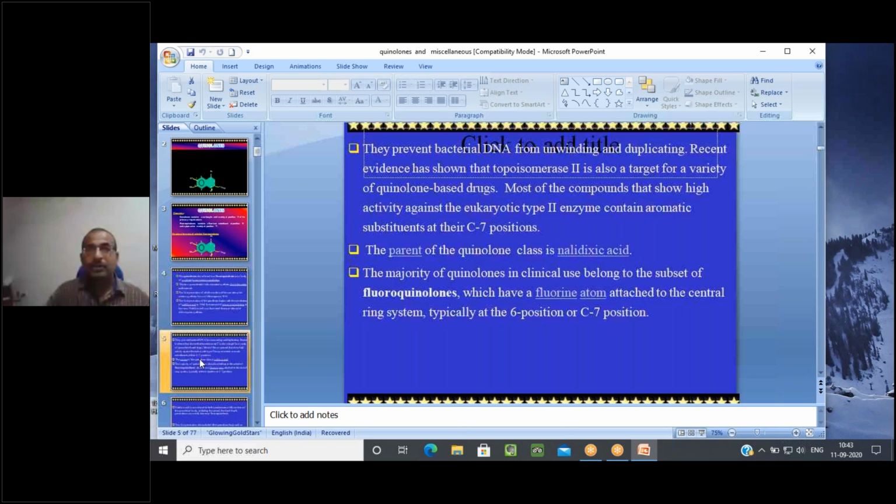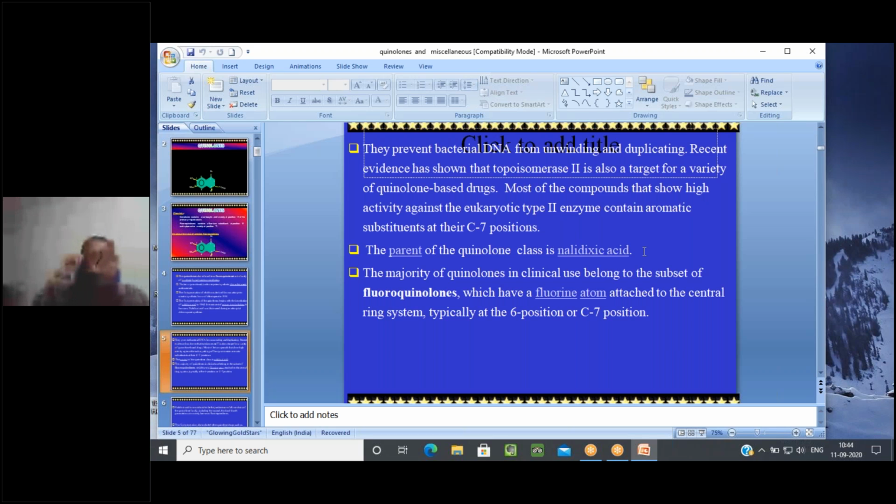Next, how do they act? Mechanism of action. Penicillin inhibits cell wall synthesis, and sulfonamides act by competing with PABA.